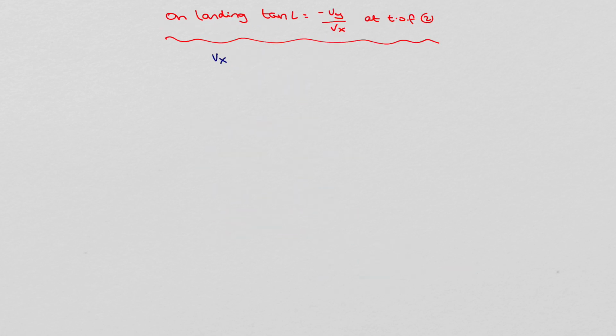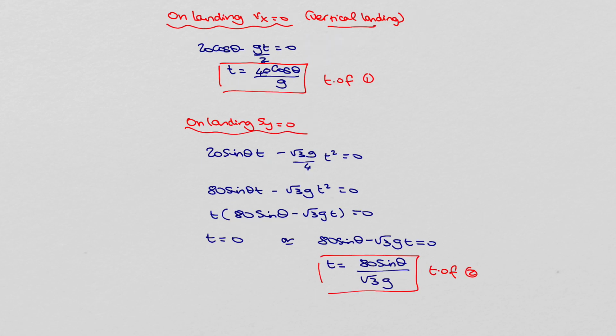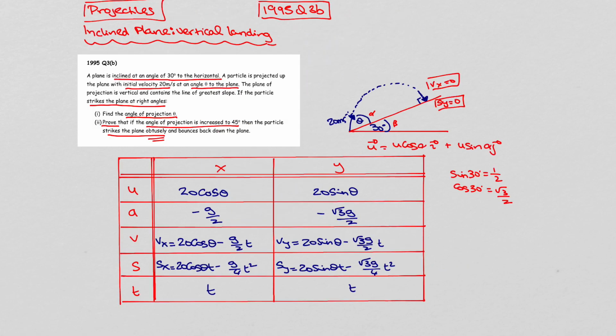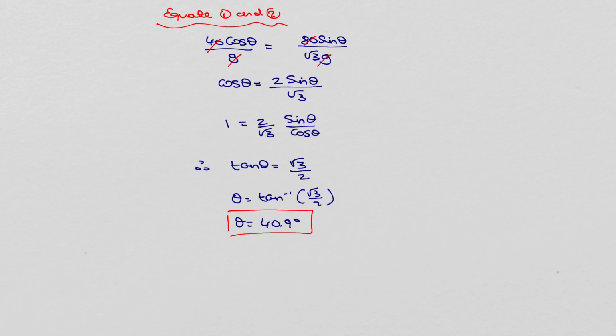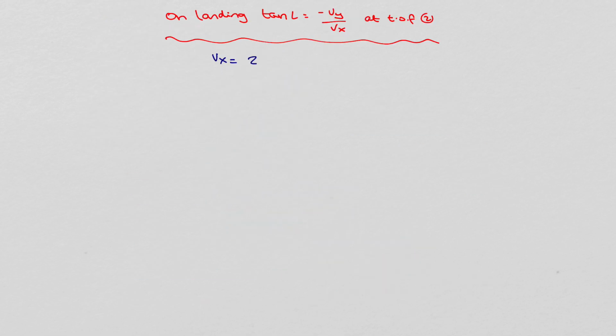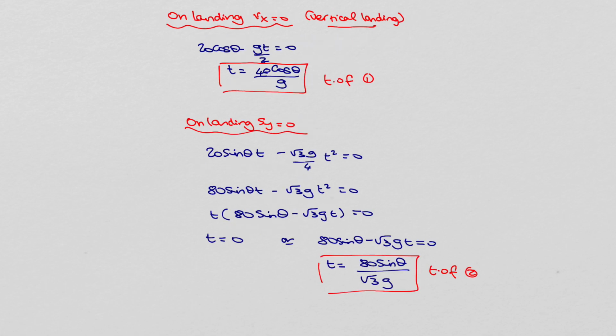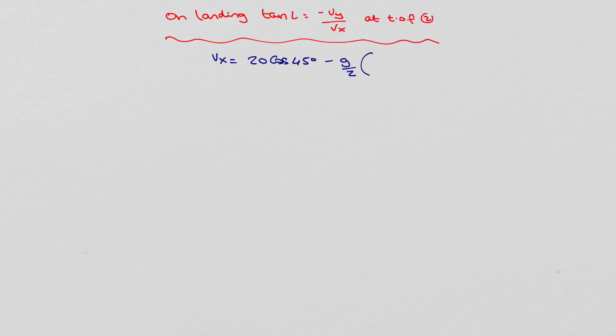So if I get Vx, Vx we said was 20 cos theta minus g over 2 t, where theta is going to be 45 degrees, and our time of flight is 80 sine 45 over root 3g.